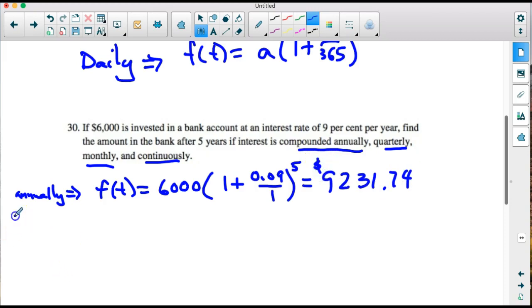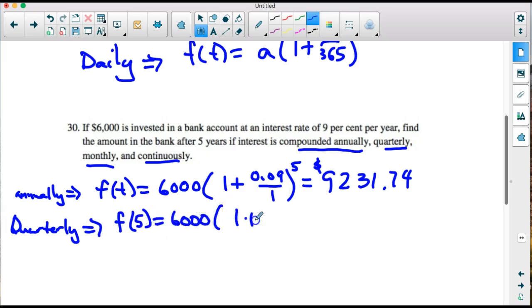Okay, quarterly. We're going to change our function, in this case t is 5. I should put 5 up there. 6,000 times 1 plus 0.09 over 4, for quarterly. And we're going to write 4 times 5 here, or we're going to use the number 20 here for the power.